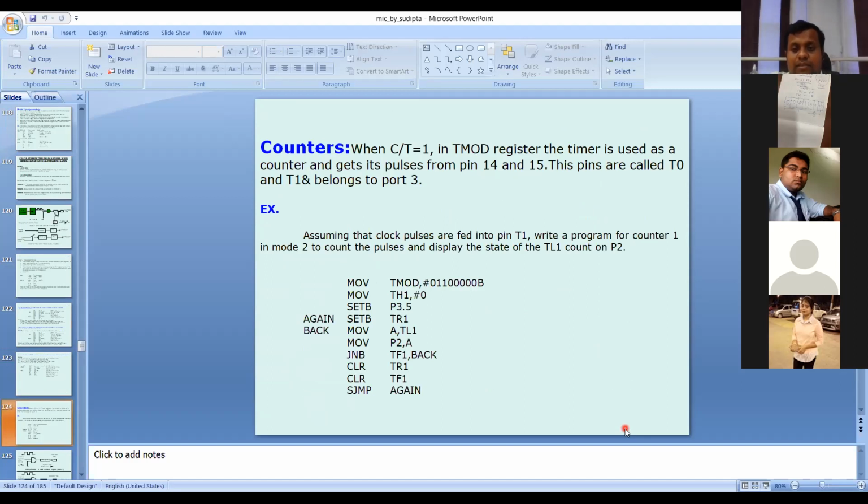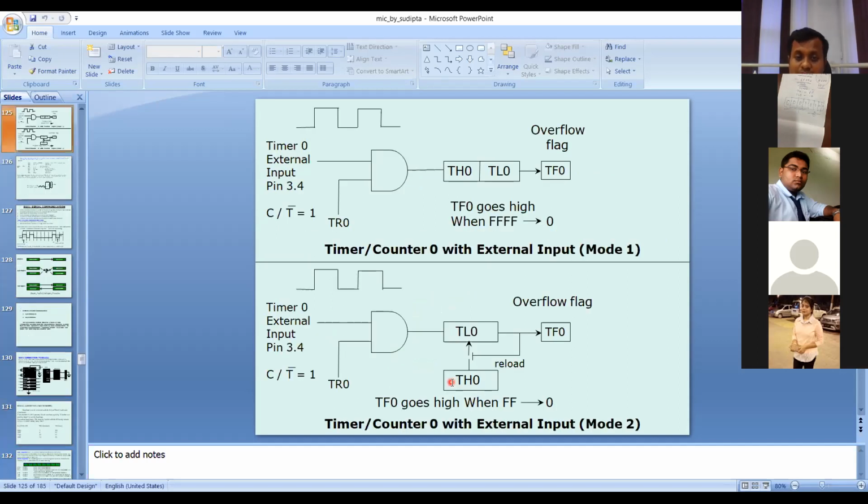This is another one. This is given, nothing but a given in binary. This is the counter operations. Counter operation means some clock pulses enter into the pin 3.5 and it will be shown into the port 2. I have a diagram I can show you.